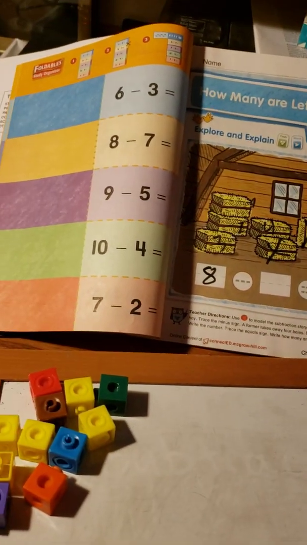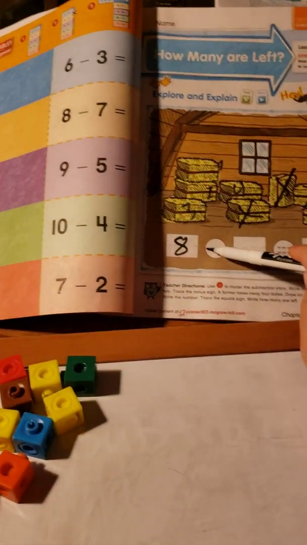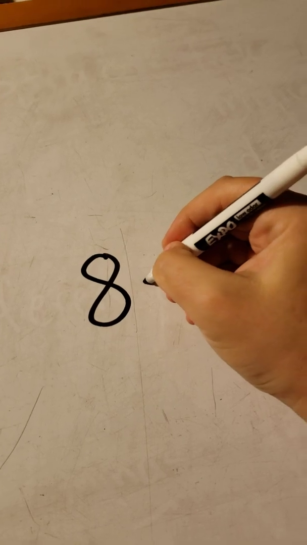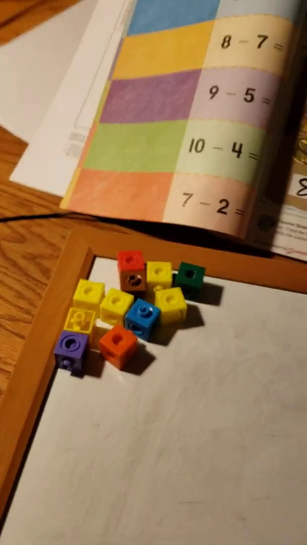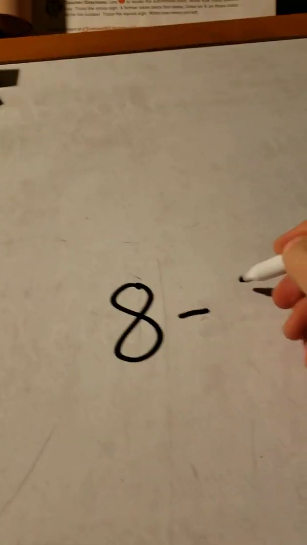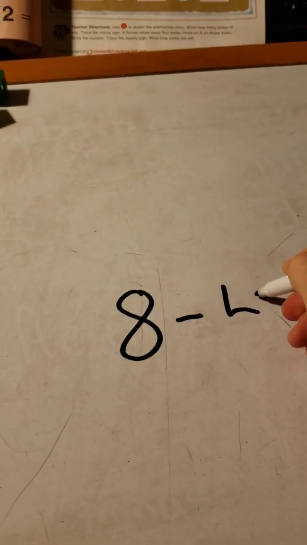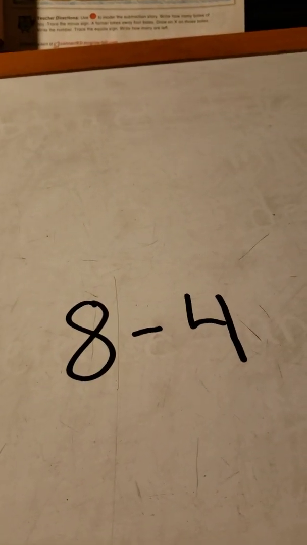See that? 8. So that's what you would put here. Then subtract. So trace that subtraction sign. And I'm going to write it right here on my board too, right in the middle. Perfect. Subtract. And then how many did we take away? 1, 2, 3, 4. Very good. So I subtract. Now this is going to be the other part. 4.